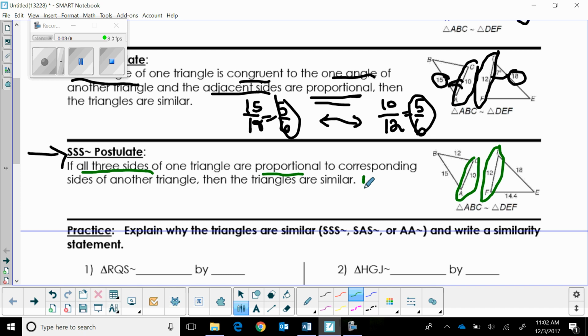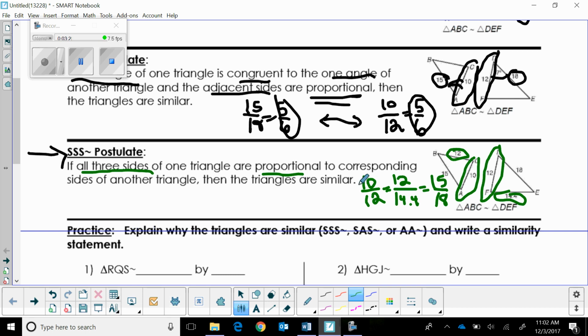So we would say 10 is to 12. Now, which is the next largest side? Well, the next largest side is 12. And in the larger triangle, the next largest side is 14.4. And then the largest side in the small triangle is 15, and in the large triangle is 18.